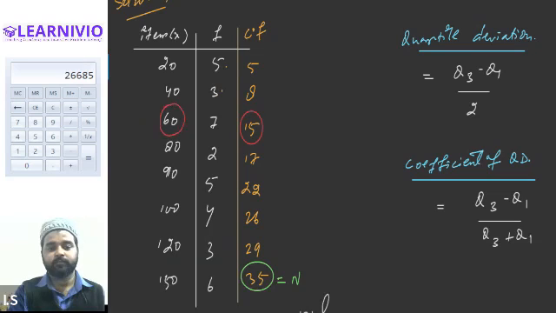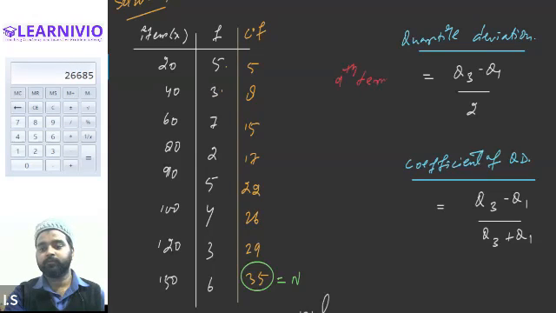Let me explain it again. By applying the formula of Q1, we have got the 9th term as our Q1, right? Now when we need to find 9, we will first go to the cumulative frequency column and start finding 9.